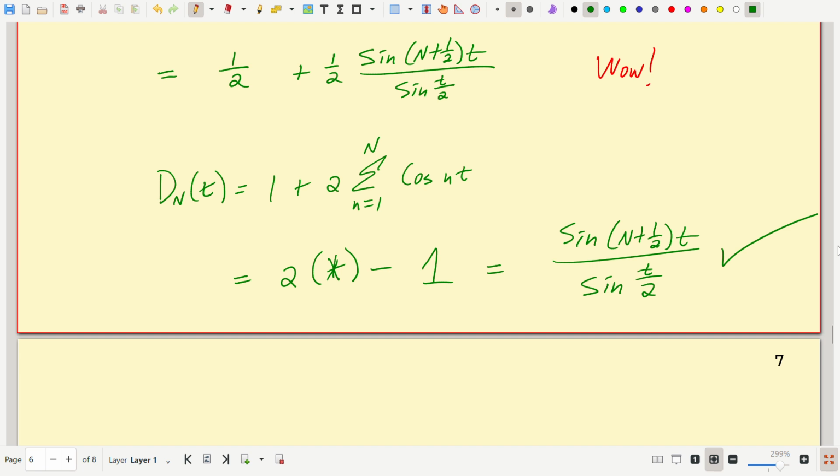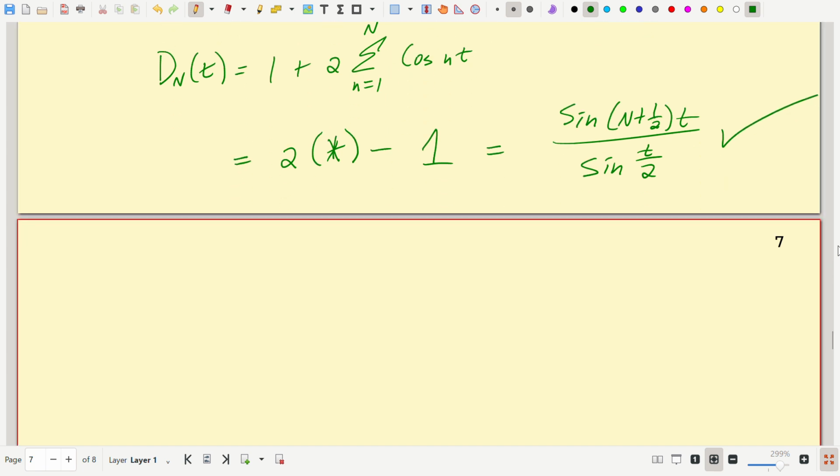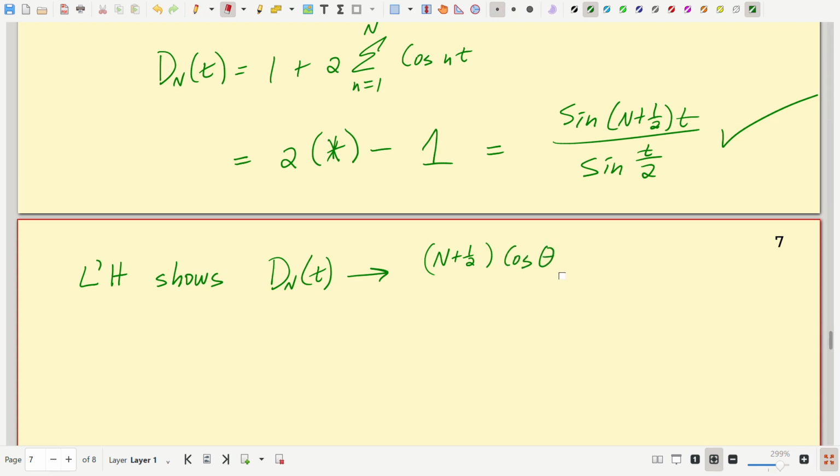Interesting, that looks nasty at t equals 0, but it's a simple matter to do L'Hopital's rule. L'Hopital's shows d_n of t tends to, let's see, you differentiate the top and the bottom and then let t be 0. What do you get? n plus a half cosine 0, when you differentiate sine of n plus a half.